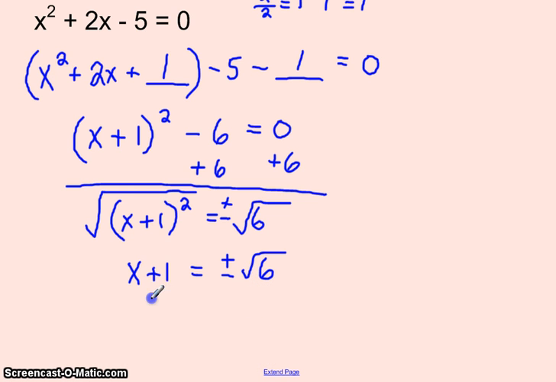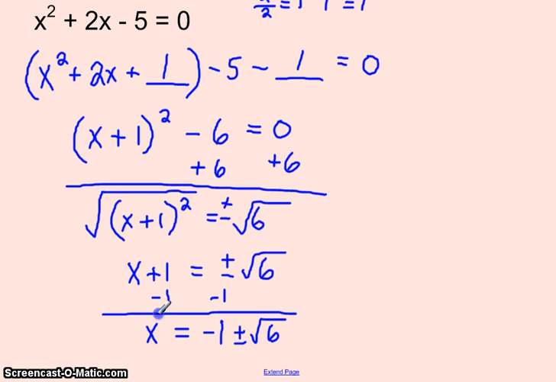And then to get the x alone, it's one last step. Subtract 1 from both sides. And I'm going to put the negative 1 first, so it'll look like what we were doing in the previous video. It's negative 1 plus or minus square root of 6.